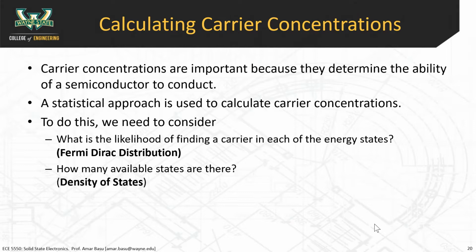What are you going to get if you multiply those two things together? The number of cars per square meter. That's right.